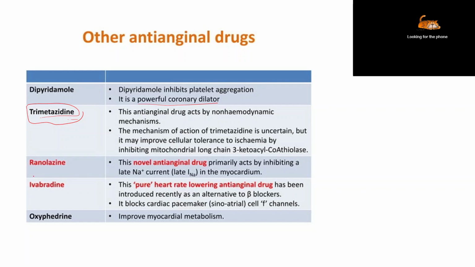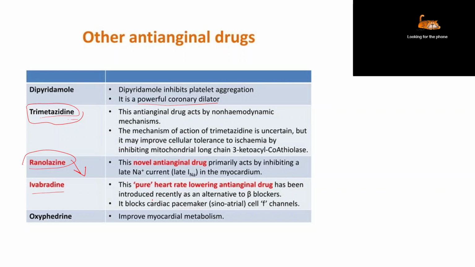Ranolazine inhibits the late sodium channel. Once the sodium channels are blocked, sodium cannot enter the heart muscle, so that causes relaxation of the heart muscle or reduces the force of contractility. Ivabradine has a similar action.